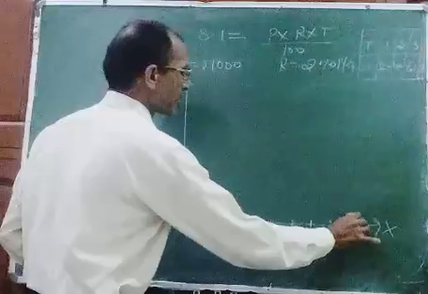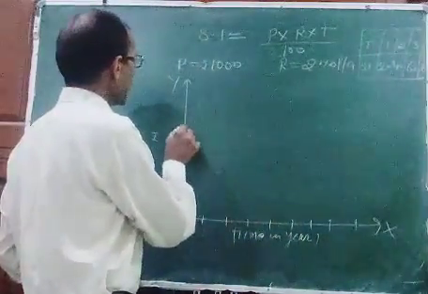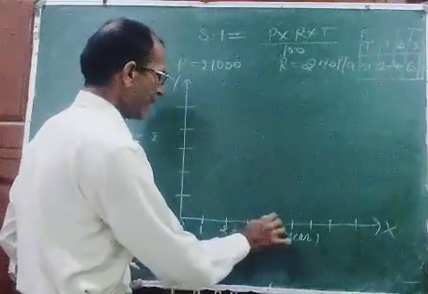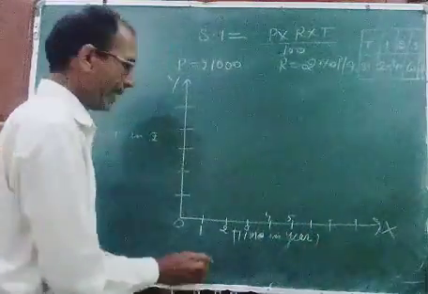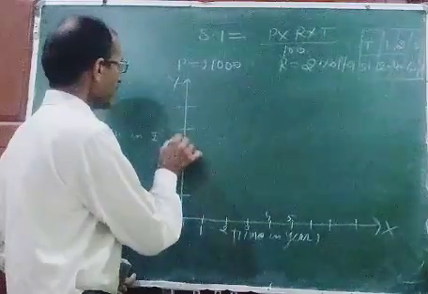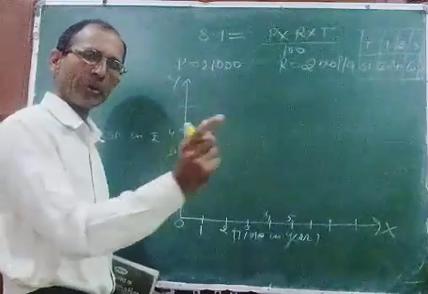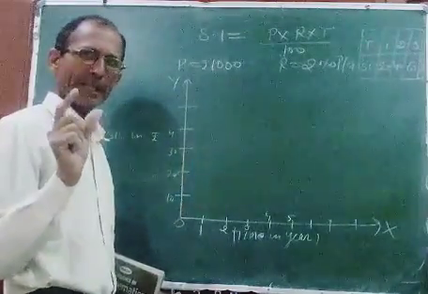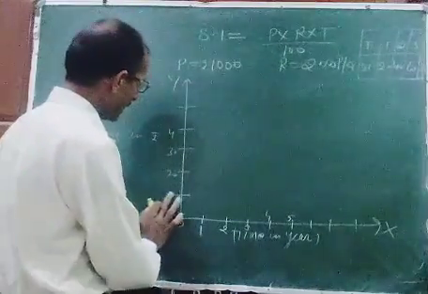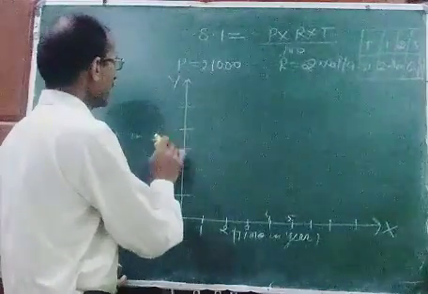I told you 10 whole squares will represent 1, and according to that, you can select a suitable scale. So 1, 2, 3, 4, 5 like this, and here will be 10, 20, 30, 40 or 20 also you can write, but for that we have to write the scale. It means on the x-axis 10 small squares represent 1, and on the y-axis 10 small squares will represent 20. So you can take 20, 40, 60, and here will be 80.